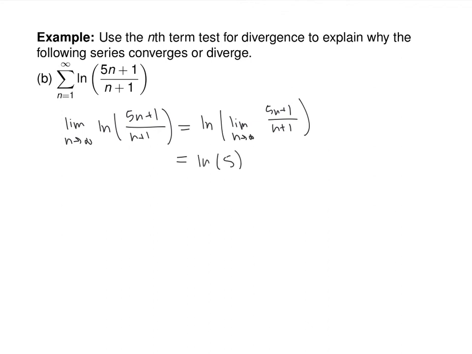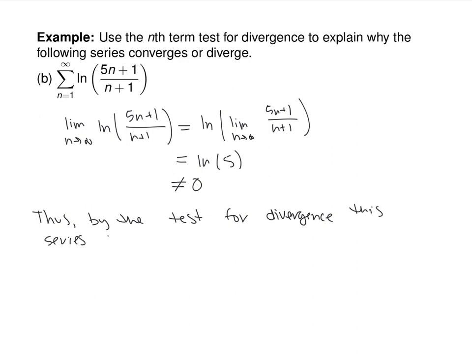So you have ln of 5. And I know that that is not equal to 0. And so thus, by the test for divergence, this series diverges. Okay, so that's it for the first lesson on series.